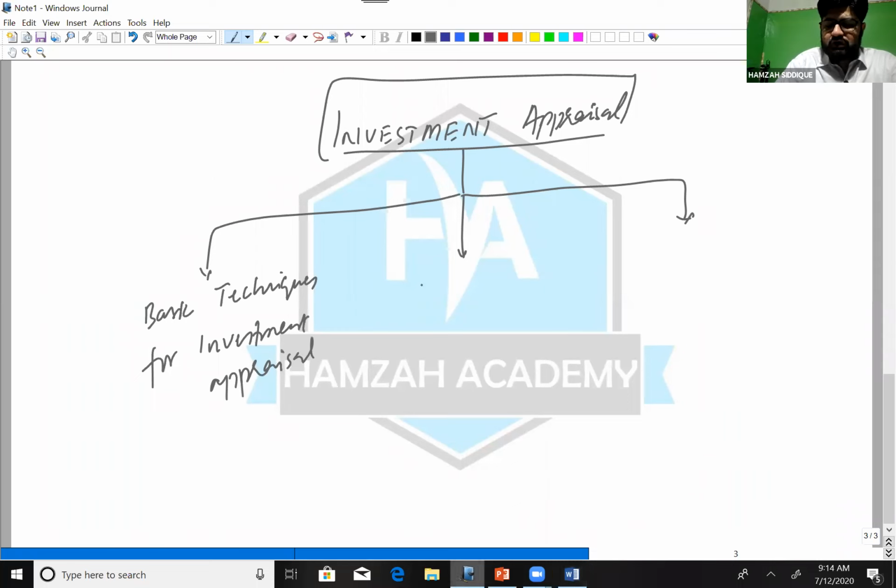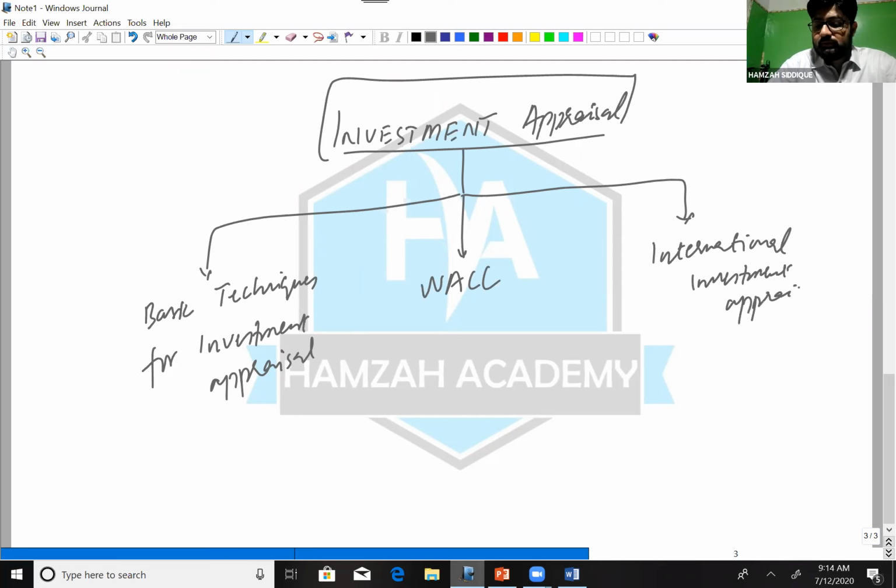Then weighted average cost of capital, which is part of this section of the syllabus. And then international investment appraisal and the Black-Scholes model.